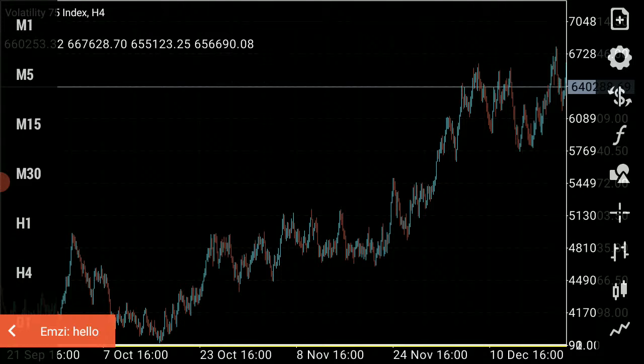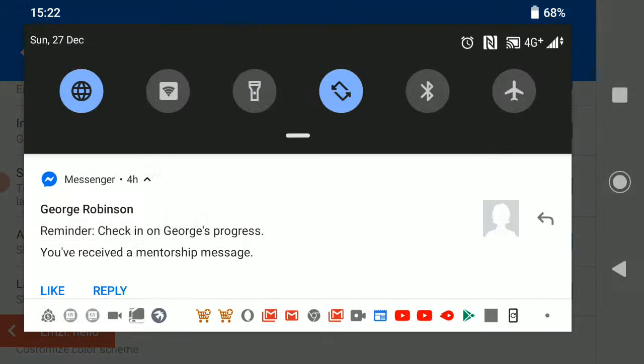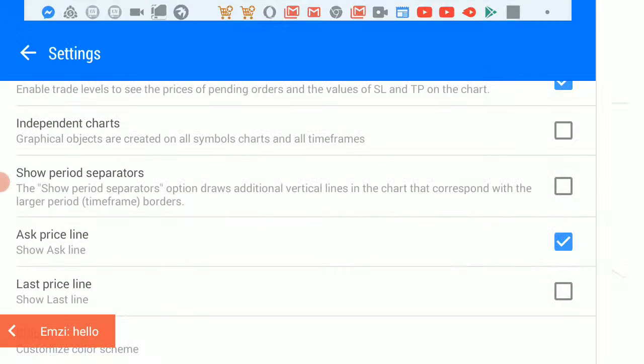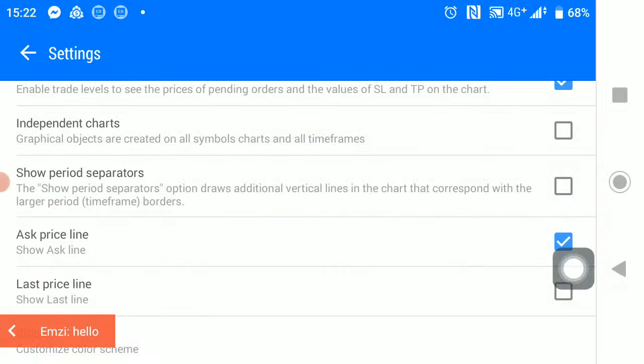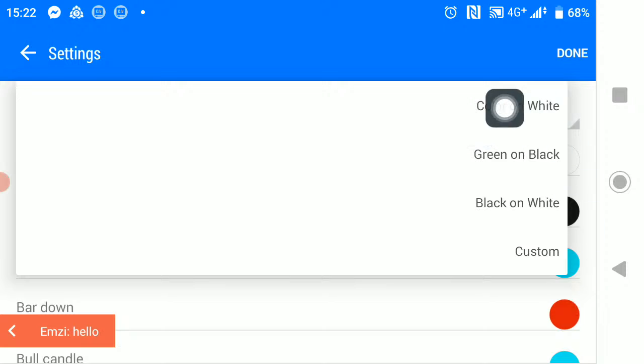If you want to do that, you go over to your settings. Let me turn on my cursor. Okay, the settings is here. If you click on color and white, your background will be white and black.